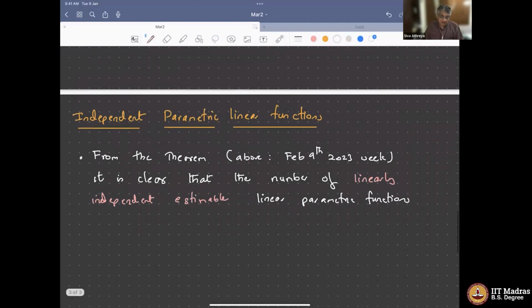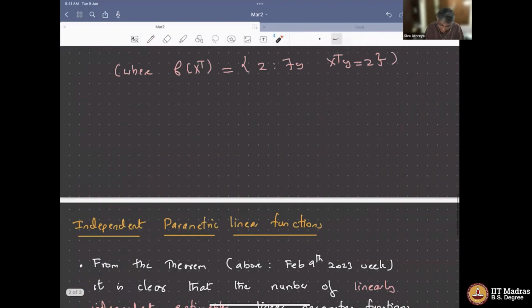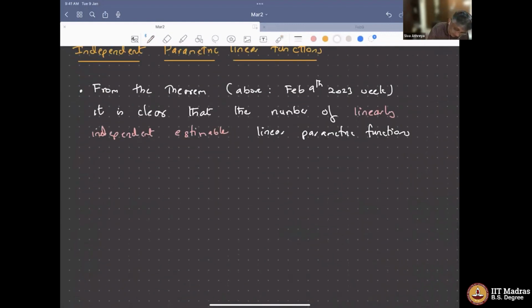That means there are so many independent ones, and each of them has to be in the column space of X transpose. So for each linearly independent vector on this side, you'll find a different linearly independent one on that side. So it's the same as the dimension of the column space of X transpose. That's clear. That's one thing we immediately have to understand, right?